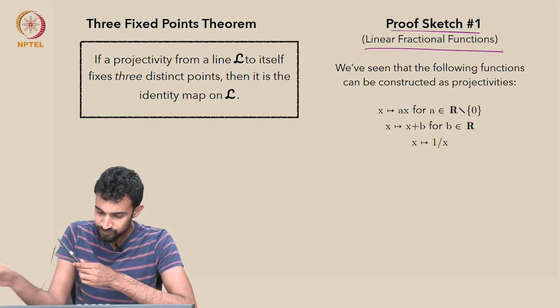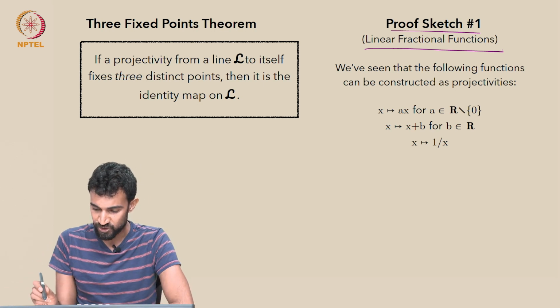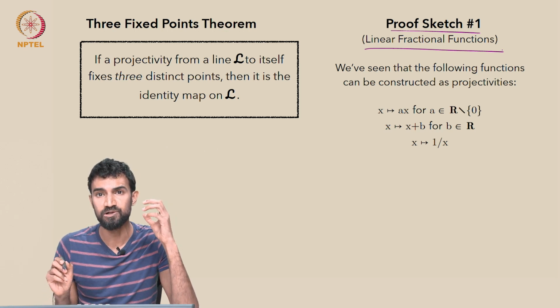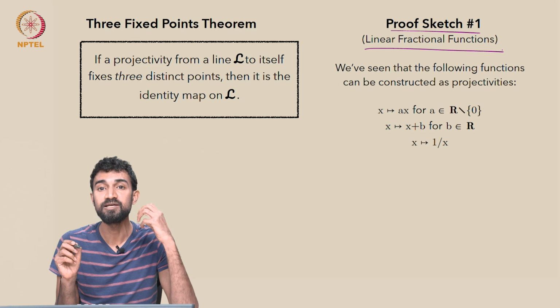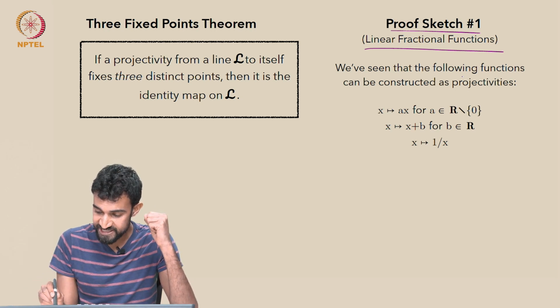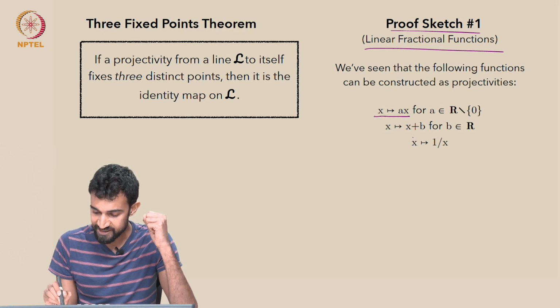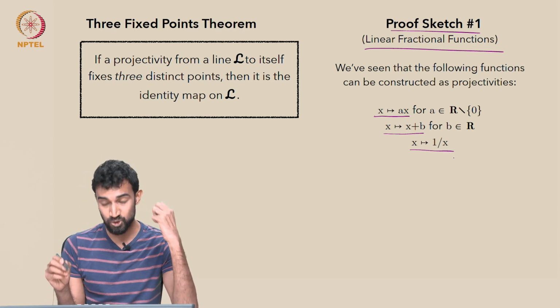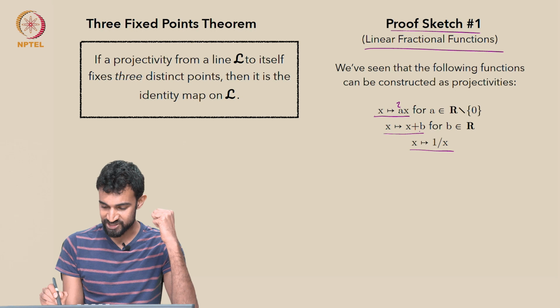And how does this work? Well, we've already constructed several real functions of the real line using projectivities. We've seen that the following functions can be constructed as projectivities. x goes to ax, x goes to x plus b, and x goes to 1 over x. Okay, so I'm exaggerating a little. We saw x goes to 2x, and we saw x goes to x plus 1.